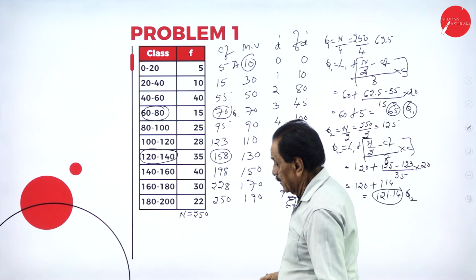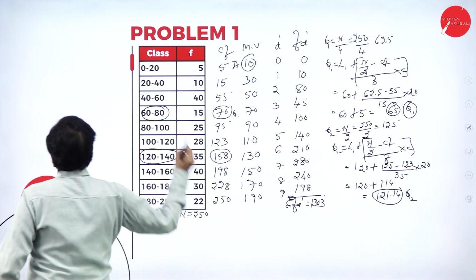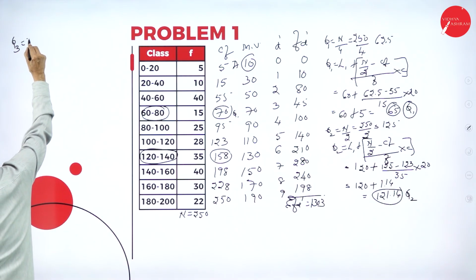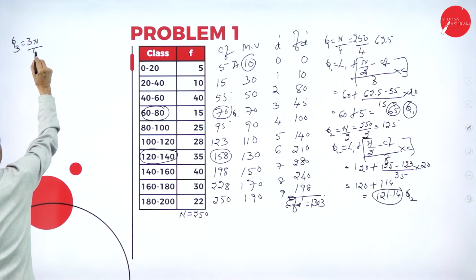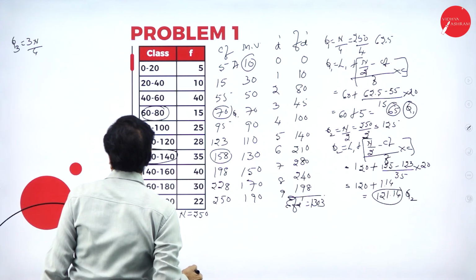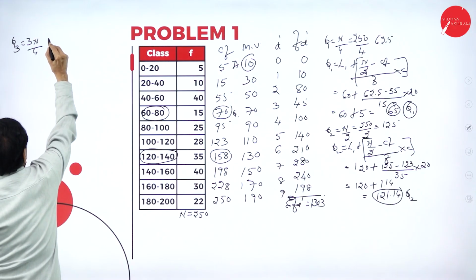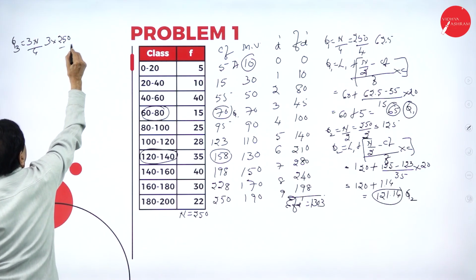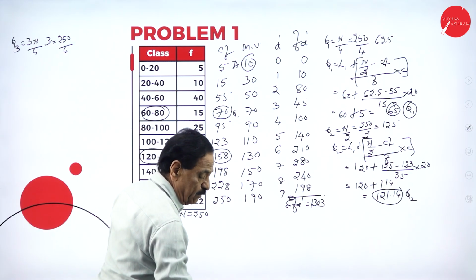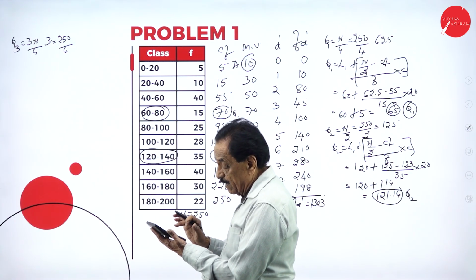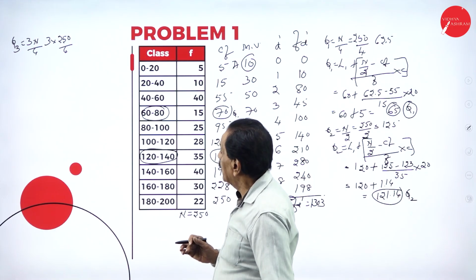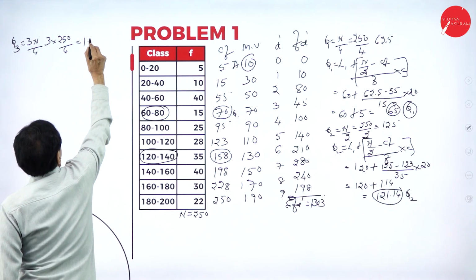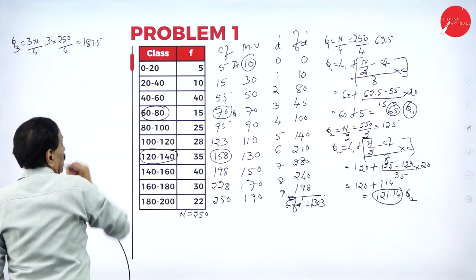Then here, Q3 is equal to 3n by 4. 3 into 250 divided by 4 is 187.5.